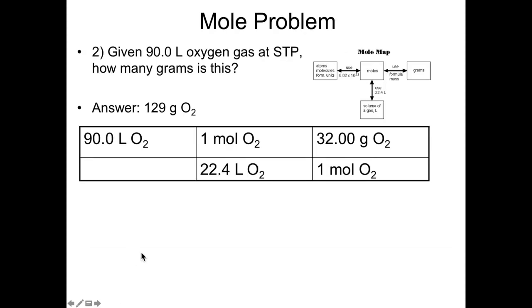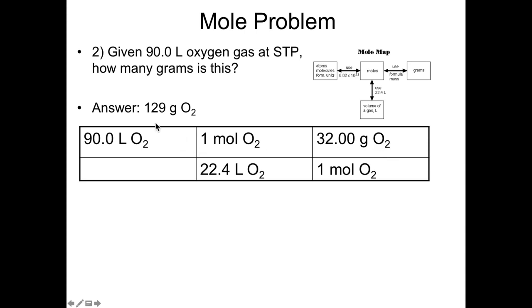For problem number 2, we have 90.0 liters of oxygen at STP. How many grams is that? So your given is 90.0 liters. We need to go to moles. We have to get rid of liters, so we're going to put 22.4 down here. That will cancel off liters right here. We'll then put 1 mole of O2 here. Molar mass of O2 is 32.00.